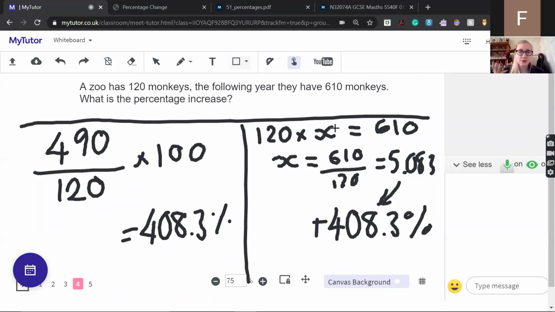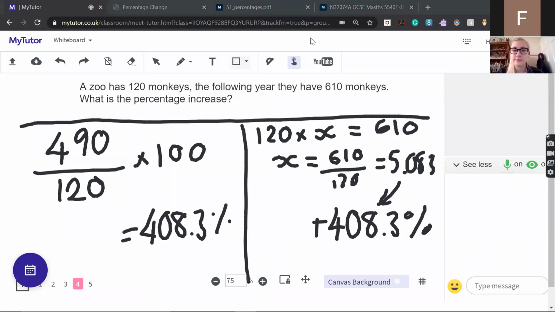It's quite difficult to explain what the difference is. They're quite different methods. So in method A, we're thinking about how much we have actually increased and what's that as a percentage. And in the second method, we're thinking, what have we used as our multiplier to get between these two numbers?